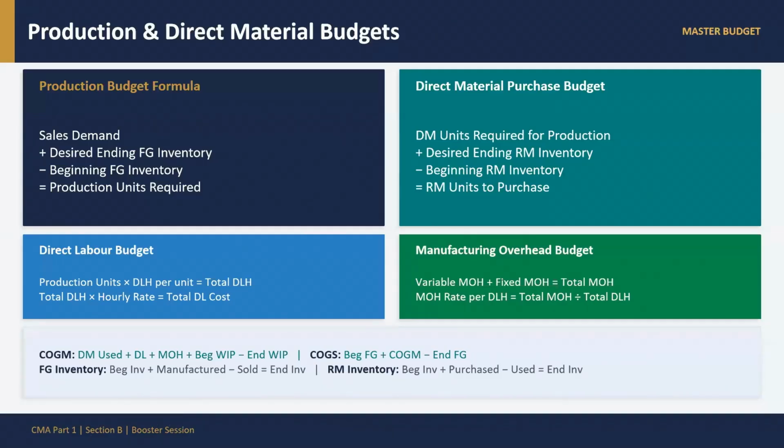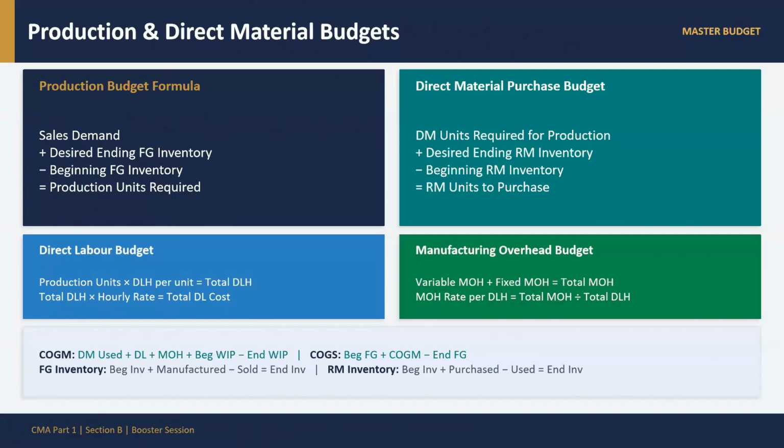Followed by labor budget is your manufacturing overhead budget. Here, you should be careful. What is variable manufacturing overhead per unit? You should find out. Fixed MOH, find it out. That gives you total manufacturing overhead. Okay. Finding it out is very important. You should know how you can calculate fixed and variable overheads per unit.